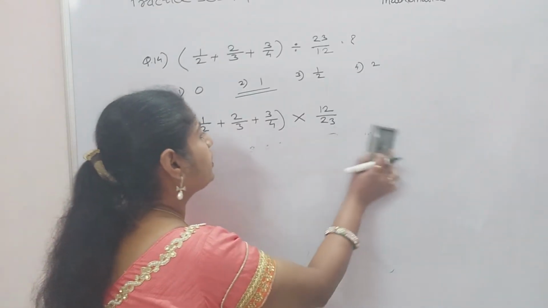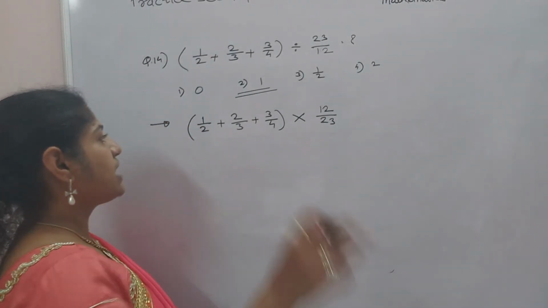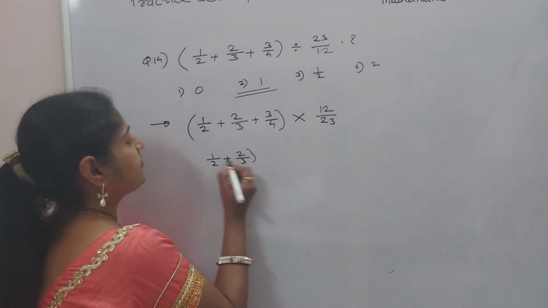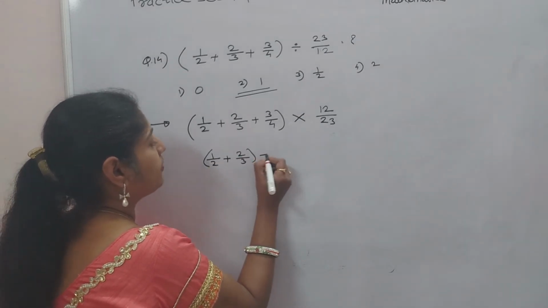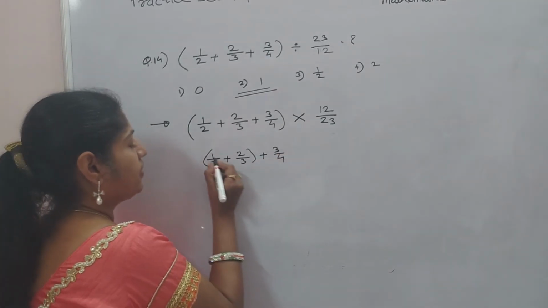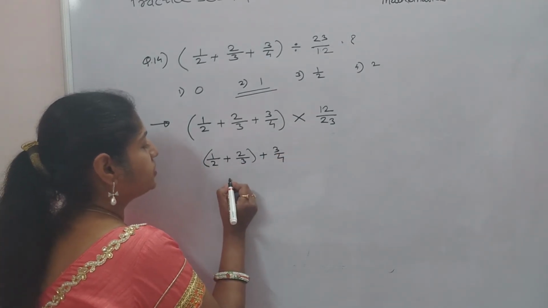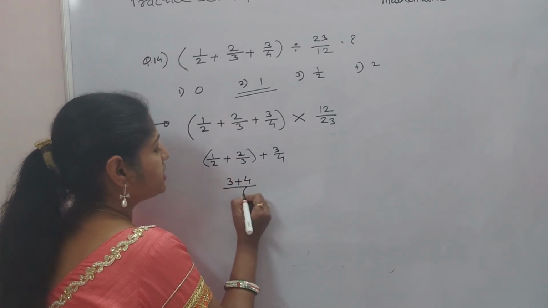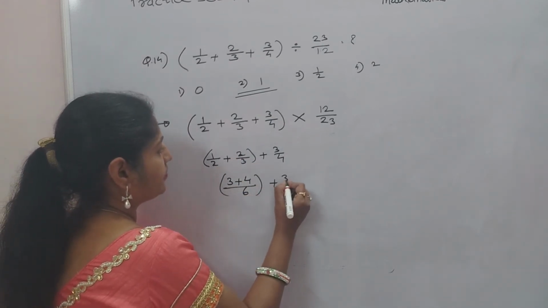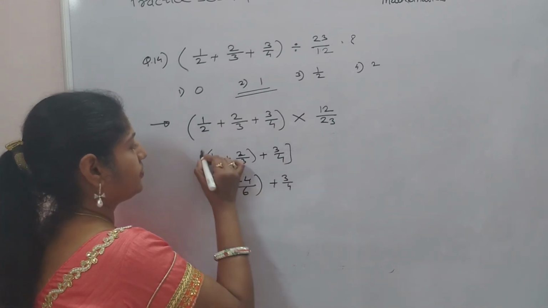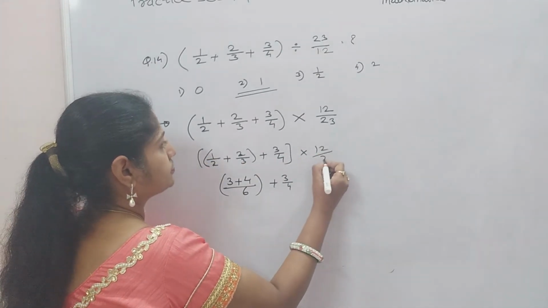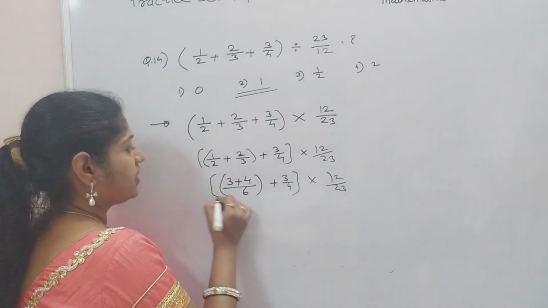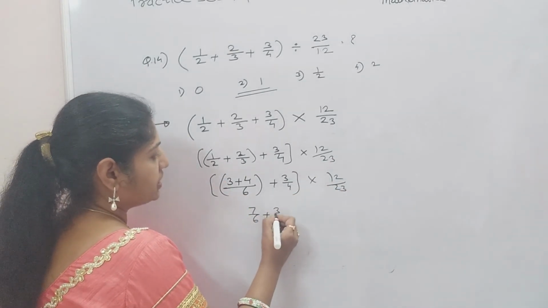If you don't want to do this, then first add two numbers, 1 upon 2 plus 2 upon 3, then add the third number. Cross multiplication: 1 into 3 is 3, plus 2 into 2 is 4, upon 2 into 3 is 6. Seven upon 6 plus 3 upon 4.